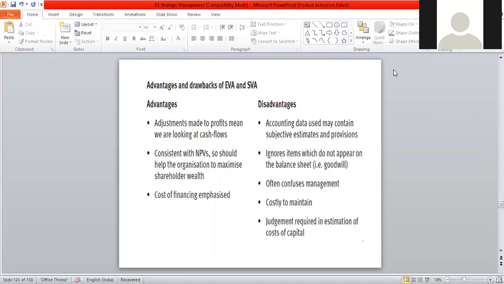What are the disadvantages of that? Accounting data used may contain subjective estimates and provisions, and it ignores items which do not appear on the balance sheet. Some items which are not included in the balance sheet are not considered, like goodwill. It often confuses management.